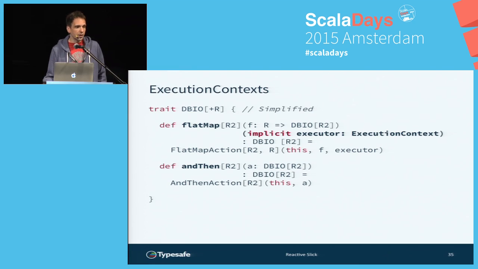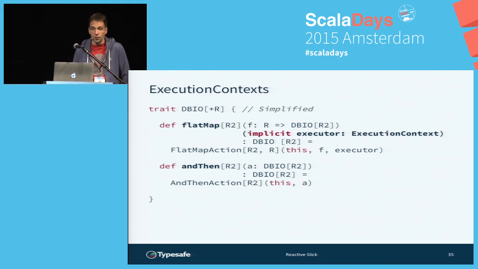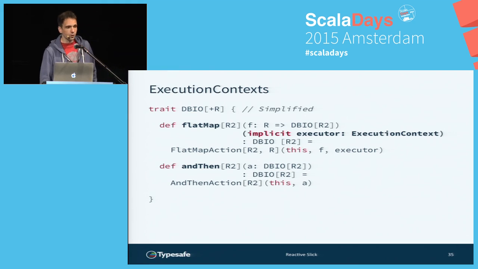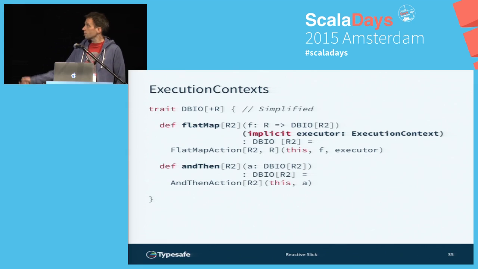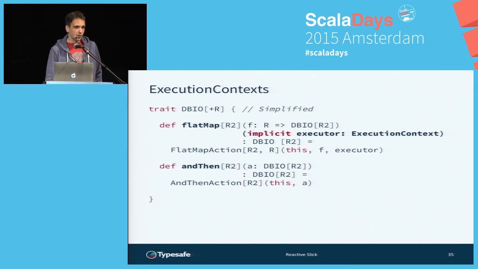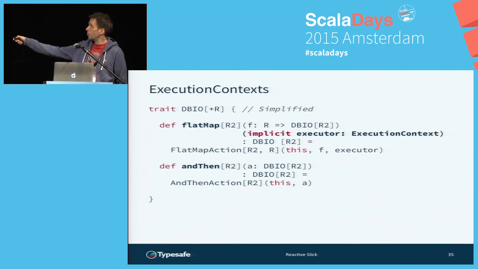Sometimes, though, you really need the result of the left-hand side, and then you need to use flatMap. There's nothing wrong with doing that. It's just that it's more efficient if you use the other methods. And you can see in flatMap, we also take an execution context here for asynchronous execution. So this is what we use to run the function on. You give it a function. You write arbitrary code here.